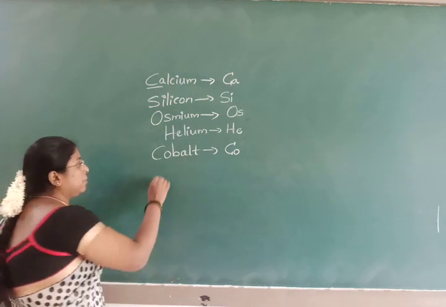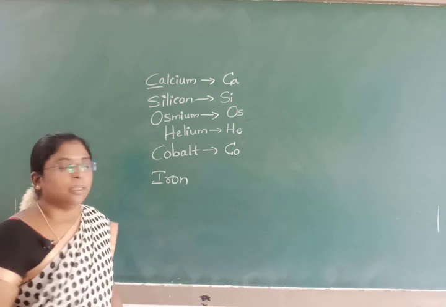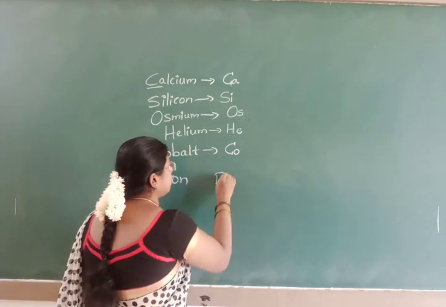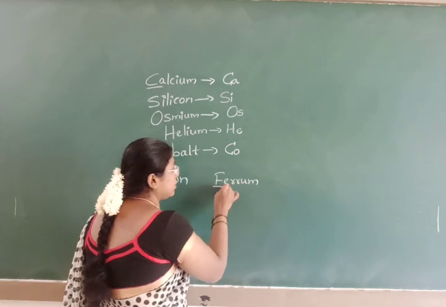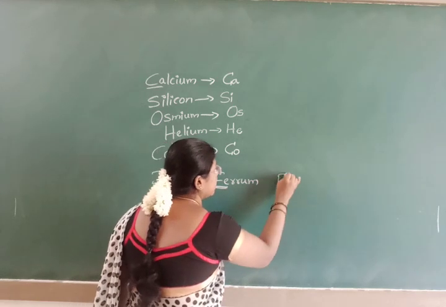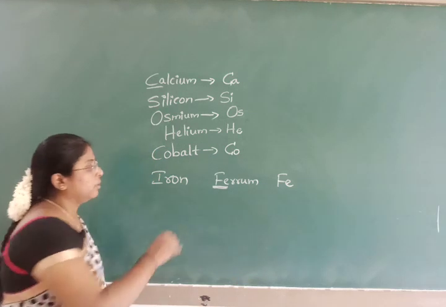Some of the names are given based upon their Greek as well as Latin names. For example, iron: its Latin name is ferrum, and the symbol is taken as the first two letters, Fe.